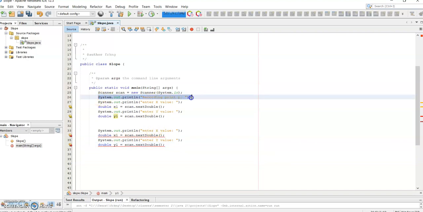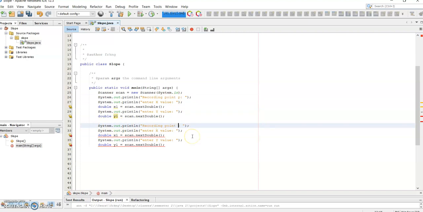So this was for the point P, and now this is for point Q. Okay, enter x value, enter y value. So this is now x2, and this is now y2. So okay, we receive all this information from the user.